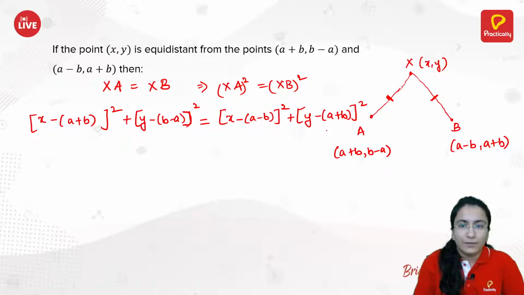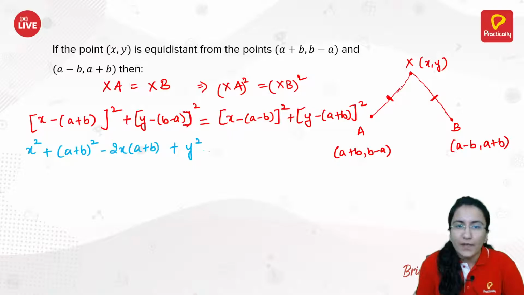Let's do it. I'll change the pen so that it isn't mixed with the figure. So x square plus (a plus b) whole square minus 2x(a plus b). This is the first bracket, plus y square plus (b minus a) square minus 2y(b minus a).